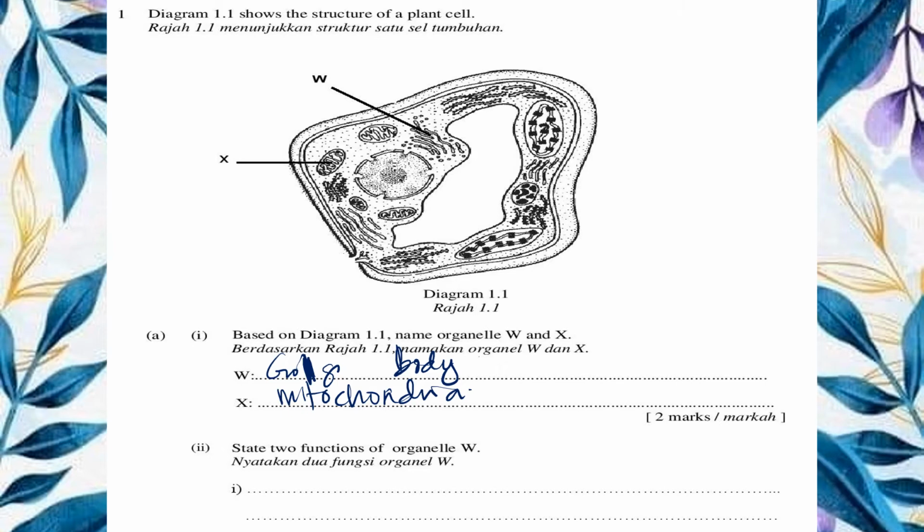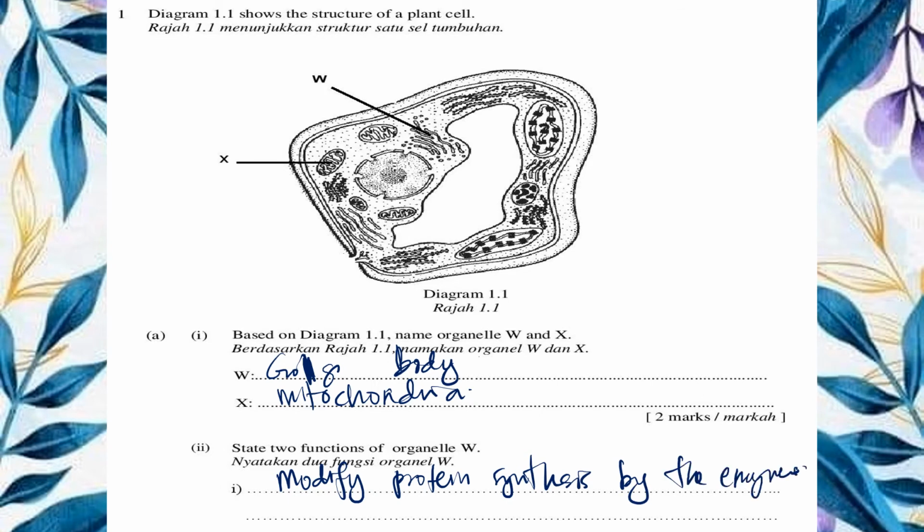State 2 functions of organelle W. The question is very straight to the point. The first function of W is to modify protein synthesized by the enzyme. That is its first important activity. The second is to pack and transport. Once modified, we have to pack it and transport the modified protein out of cells.